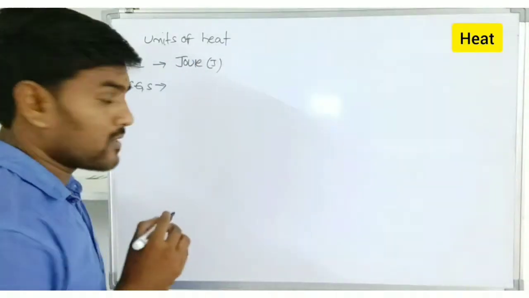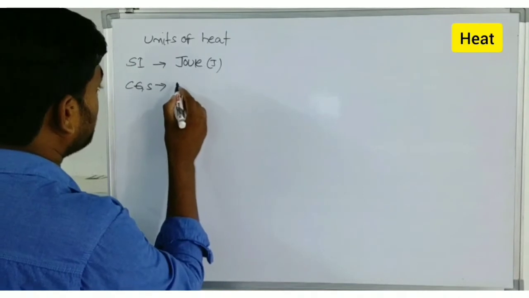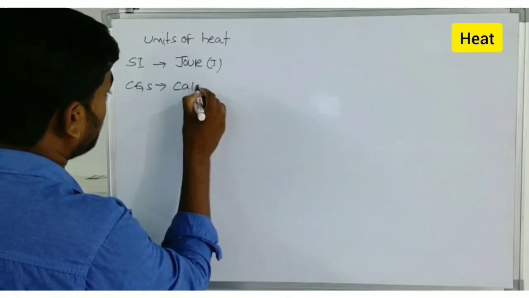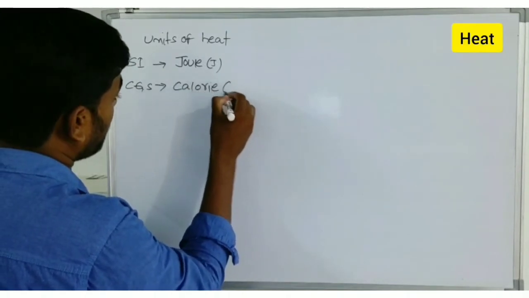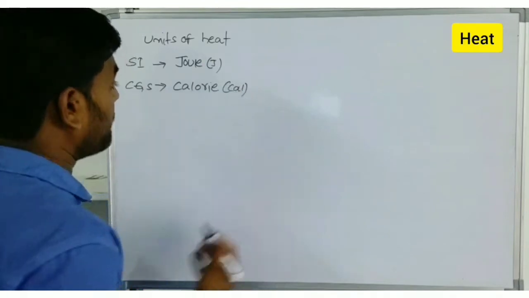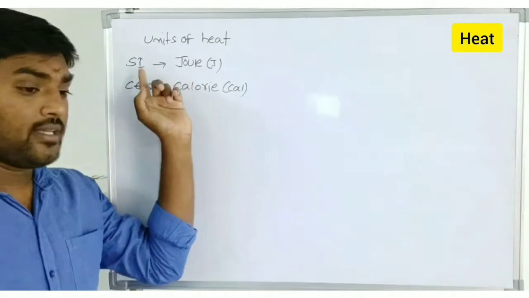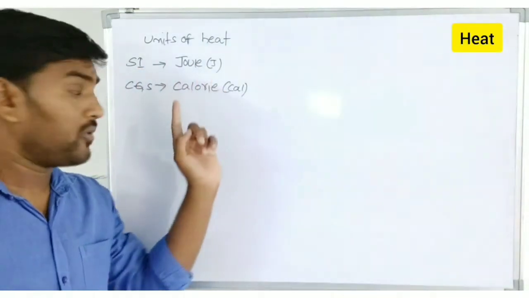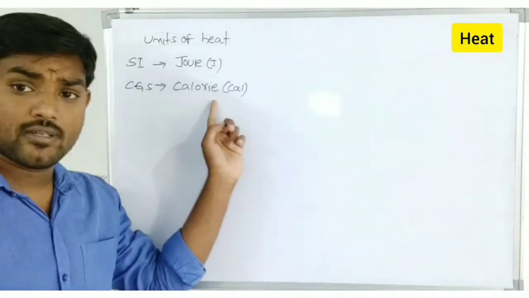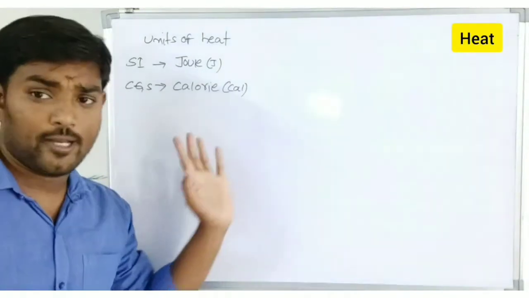CGS units: calorie. Units of heat: SI unit is joule, denoted by J. CGS unit is calorie.